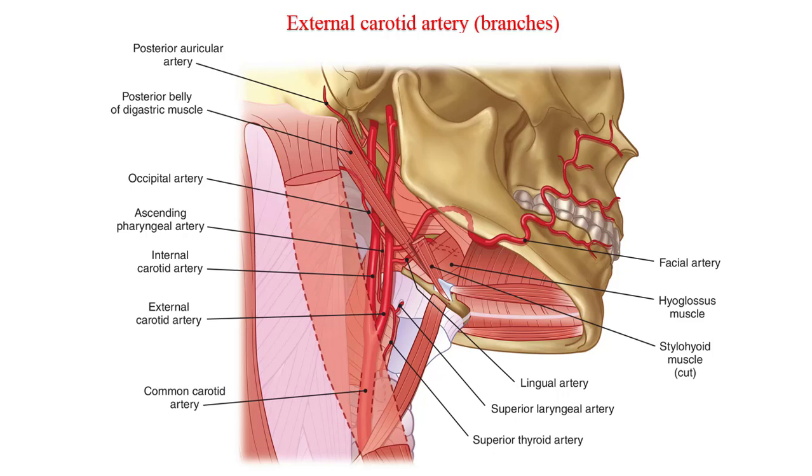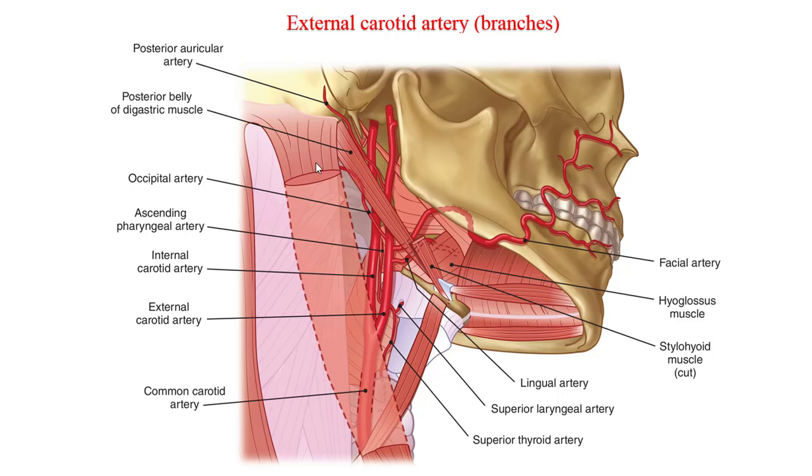The occipital artery originates on the posterior aspect of the external carotid artery, just opposite the origin of the facial artery. It passes posteriorly to serve the back of the head.